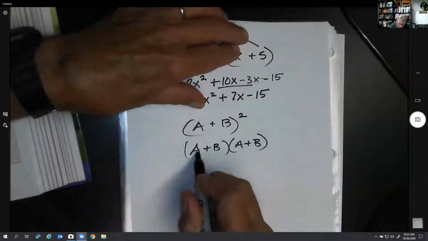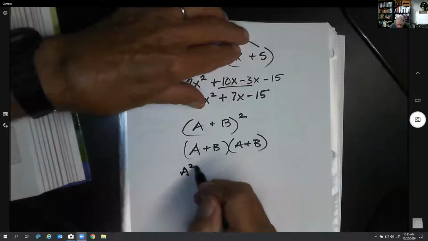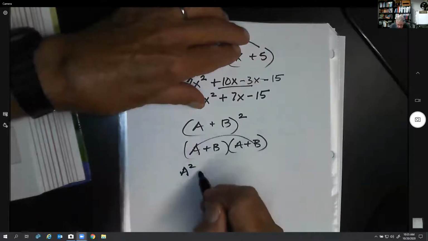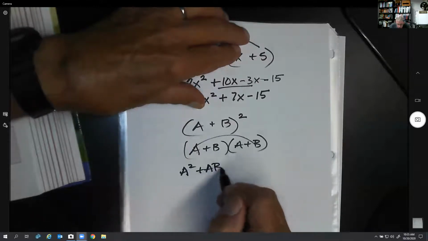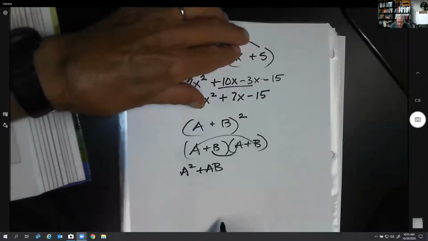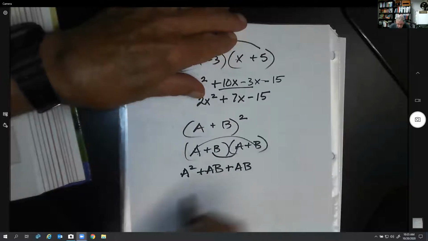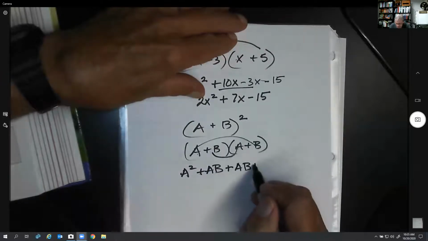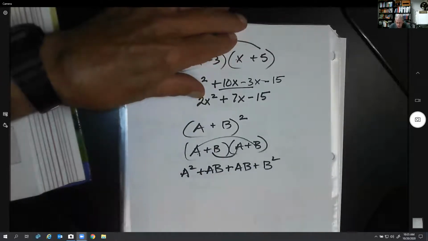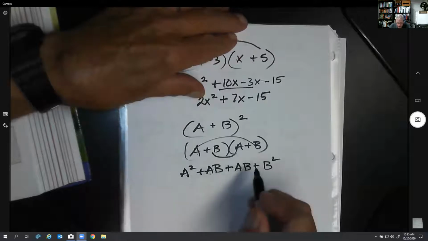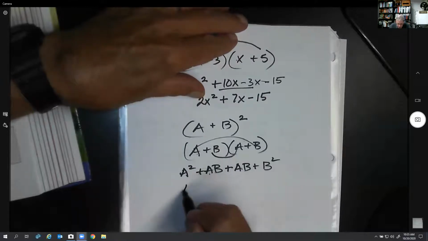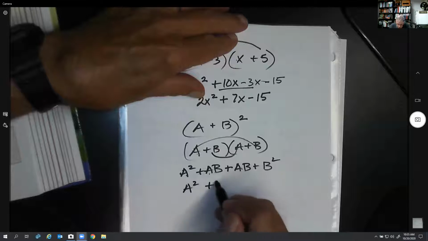And I multiply the a times a. See, it comes out with a power. Then ab. Multiply the middle terms, ba. Want to put it in alphabetical order, ab. And last term times last term. But ab plus ab are 2ab.